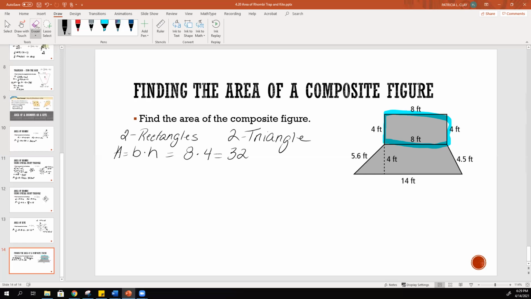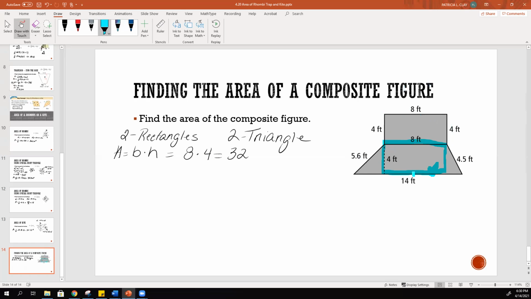That was easy. Now let's look at the other rectangle. This comes down right here, this is 4, comes over and comes up right here. So what do we notice about that?